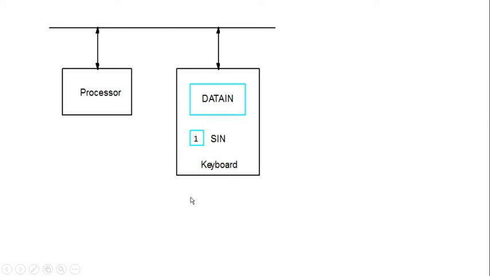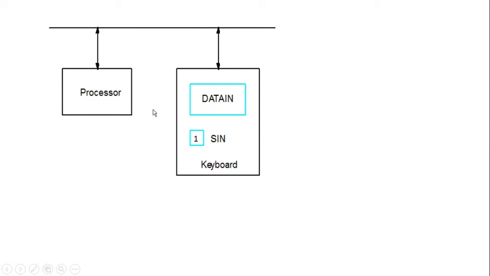Look at this diagram. Whenever a user presses a key on the keyboard, the data is stored into data in, and together with this action the status SIN flag value is set to 1.